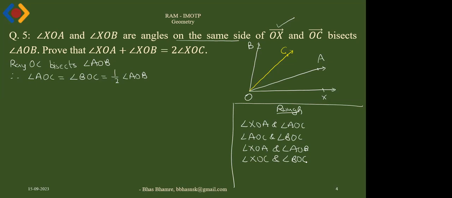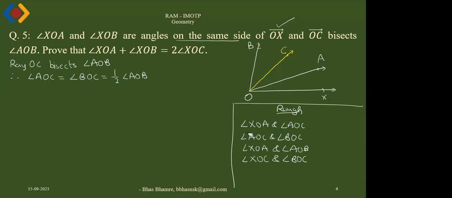It doesn't matter. So that doesn't change the meaning of the question, I hope so. Because it is said angle XOA and angle XOB are angles on the same side of ray OX. So if I take B over here and claim it, then it is wrong, because then XOB and XOA are at the opposite side of ray OX.